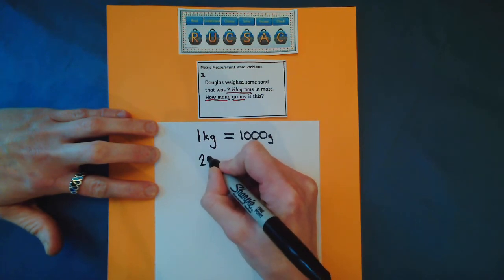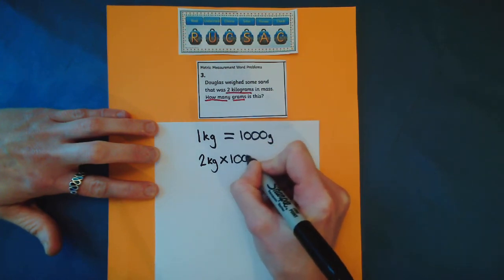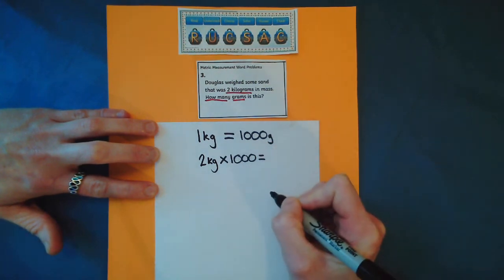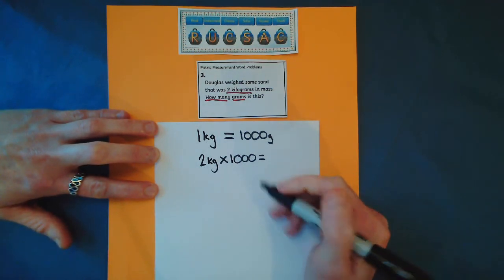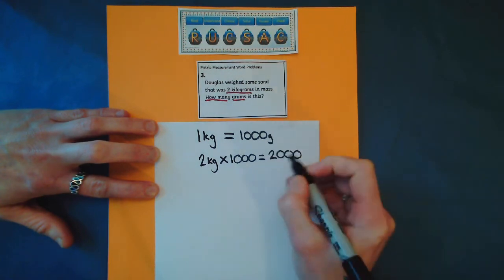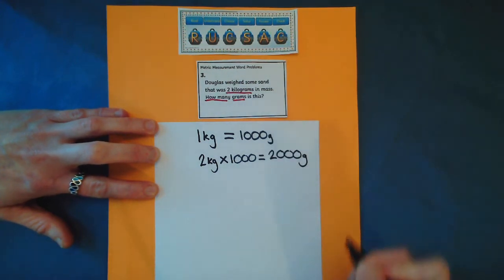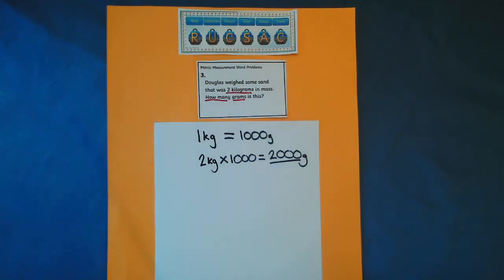So 2 kilograms times by 1,000 equals how many? What's 2 times 1,000? That's right, 2,000. So our answer is 2,000 grams. Good job, everyone.